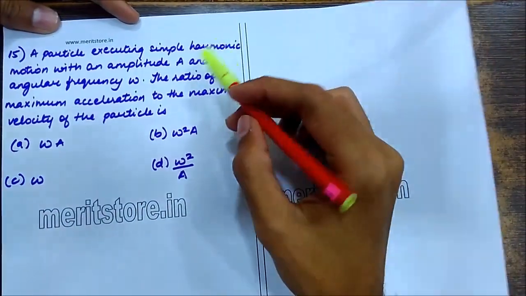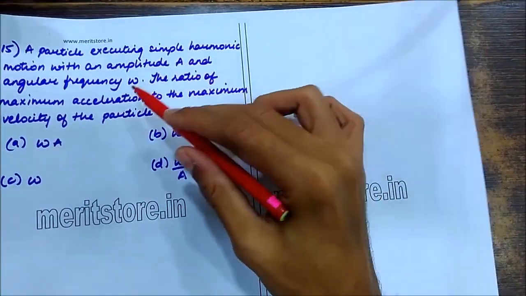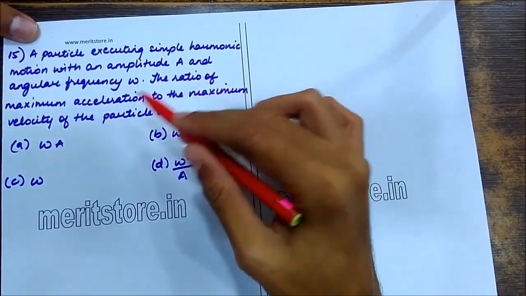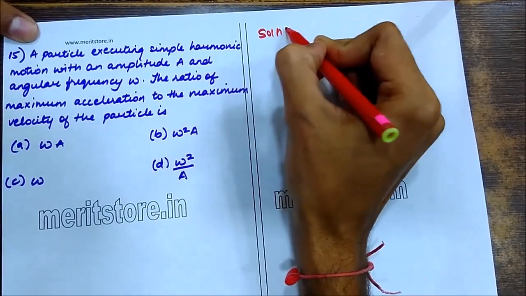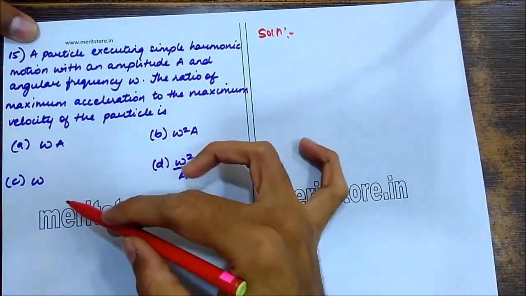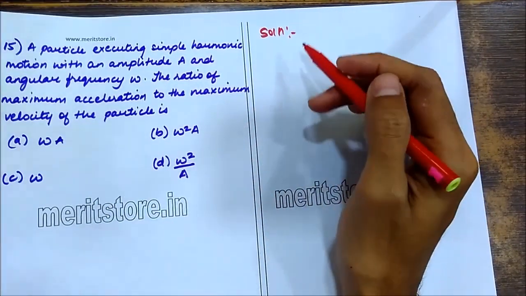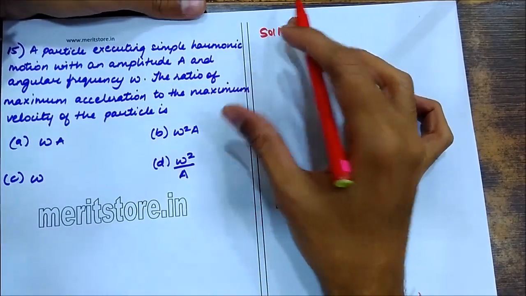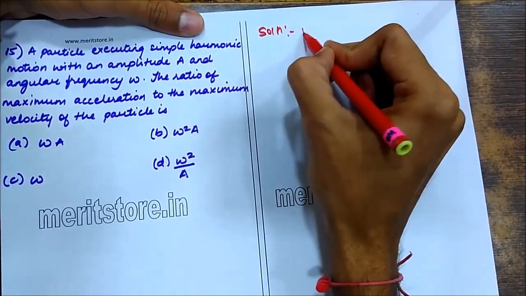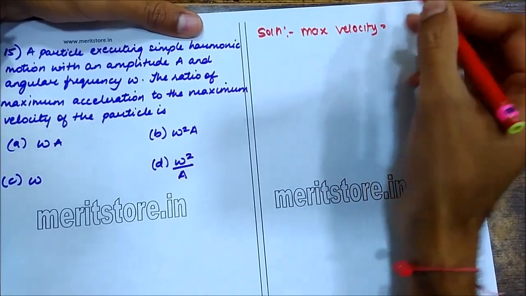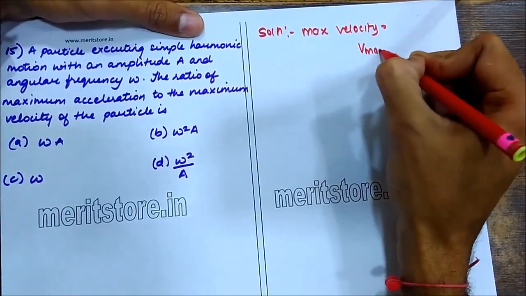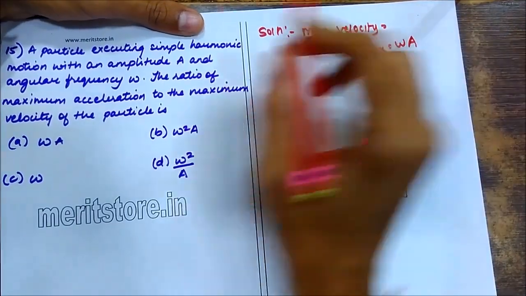A particle executing simple harmonic motion with an amplitude a and angular frequency omega, the ratio of the maximum acceleration to the maximum velocity of the particle will be: omega a, omega square a, omega, or omega square by a. Okay, for maximum velocity we have v max equals omega a.